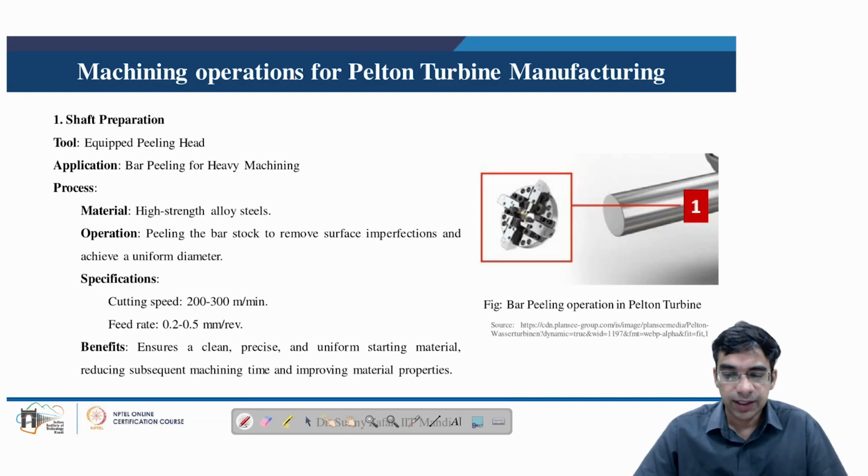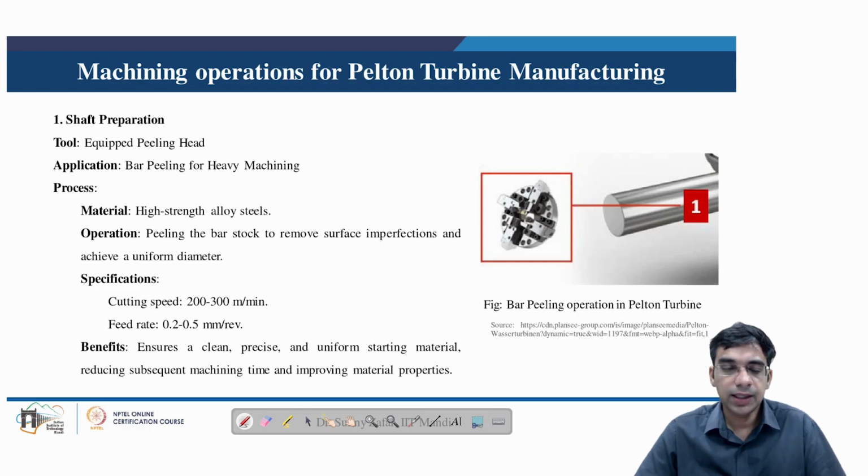So first is basically the shaft preparation. So here the tool equipped with peeling head is utilized, which is an application for bar peeling for heavy machining operation. So heavy machining here indicates higher depth of cut. So in this process, the materials which are used in case of this shaft are high strength alloy steels.